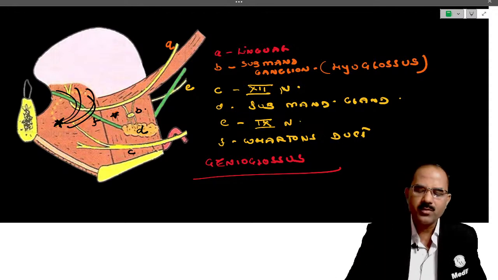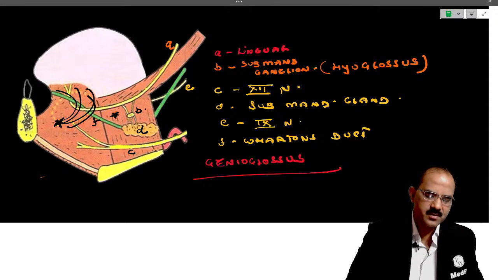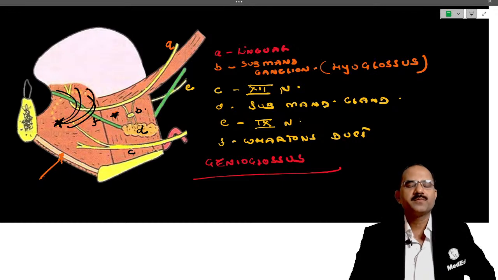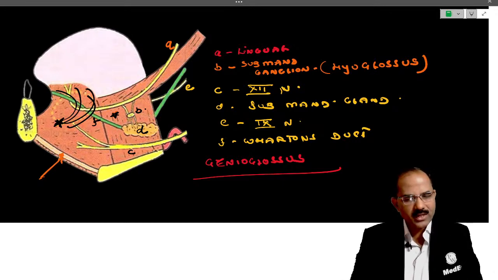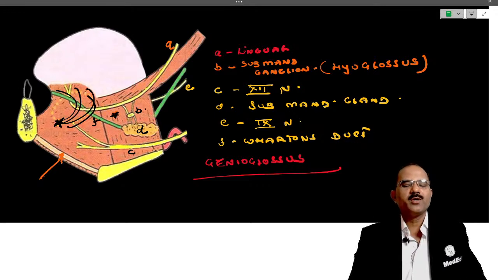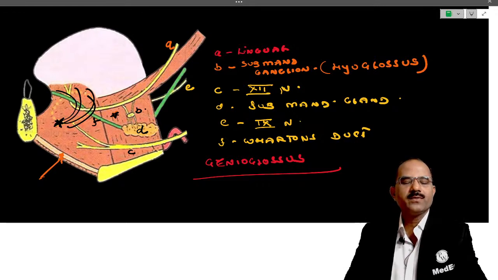I can see one more muscle here. Can you tell me what this muscle is? And why am I asking you this? There's some very important peculiarity of this muscle. Come on. One moment.